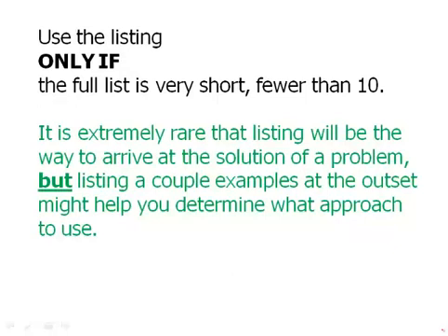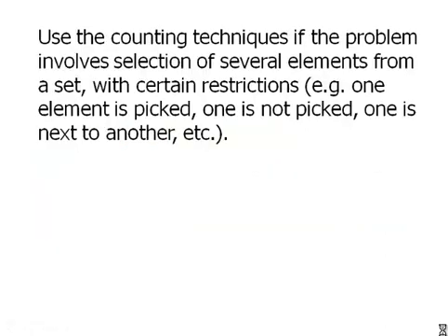So as you're trying to figure out how am I going to attack this problem, often it can be very helpful just to list a couple examples of some of the elements, some of the examples of things that are successes, some of the examples of things that are not successes, to give you an idea of how you're going to set things up. So again, listing is not necessarily a solution technique, but it may be something that helps you, as it were, crack the nut of the problem and start it.